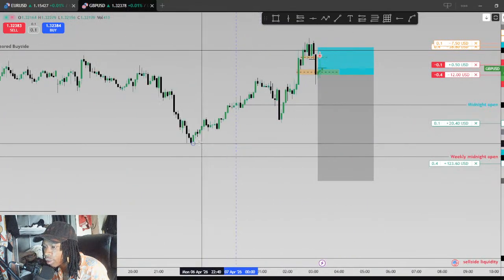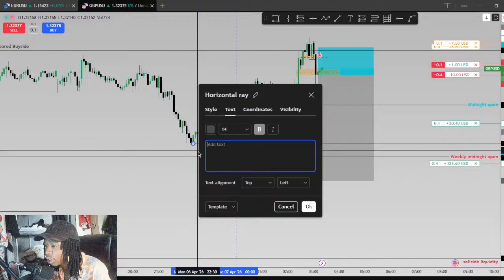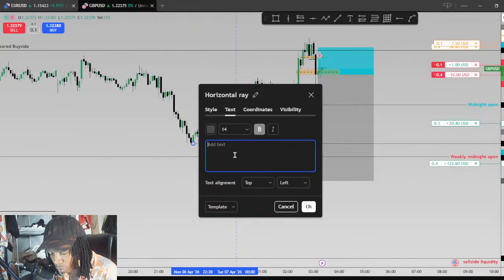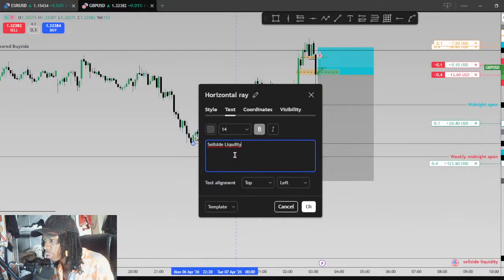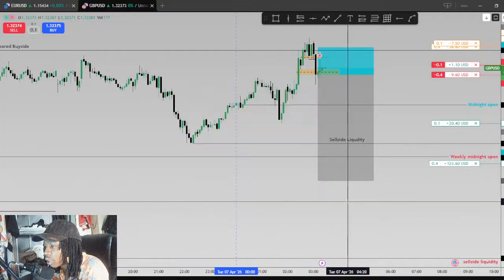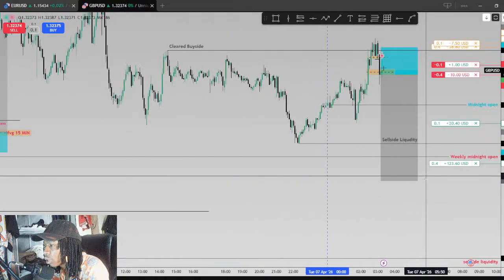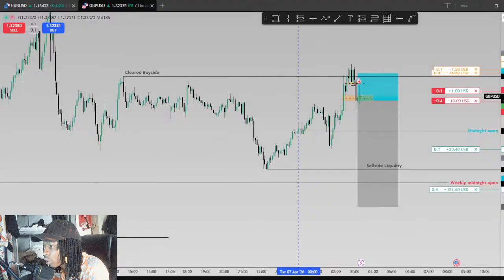Okay, so I'm gonna put in here. This will be potential areas for taking partials. So sell side. Put it on the center there, so that we all can see what we're looking at here.